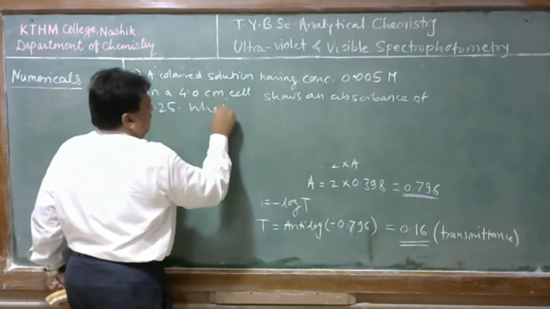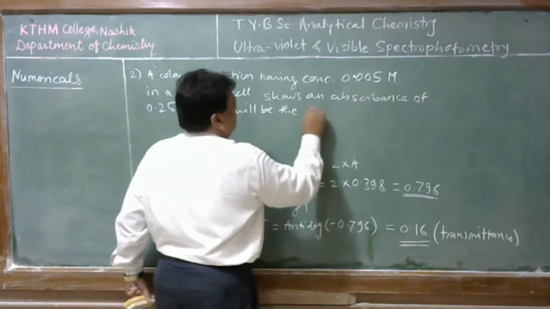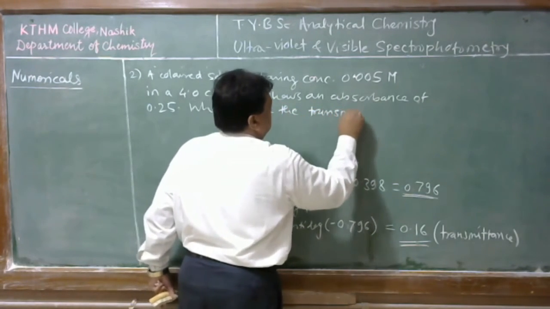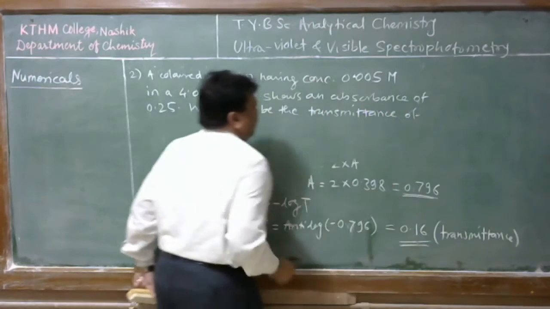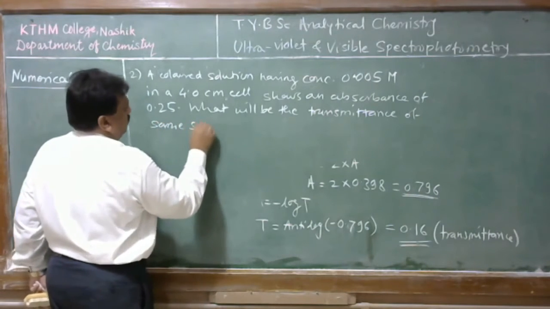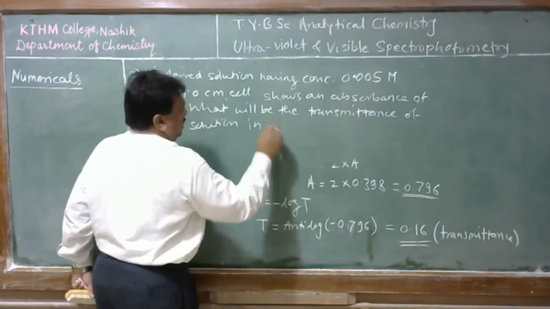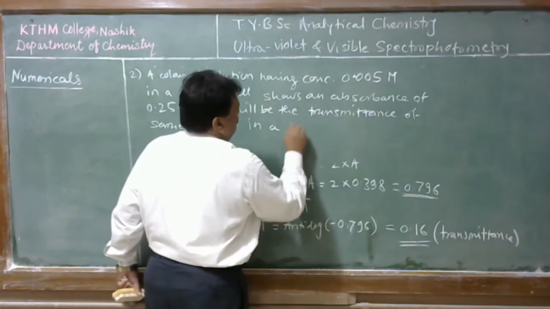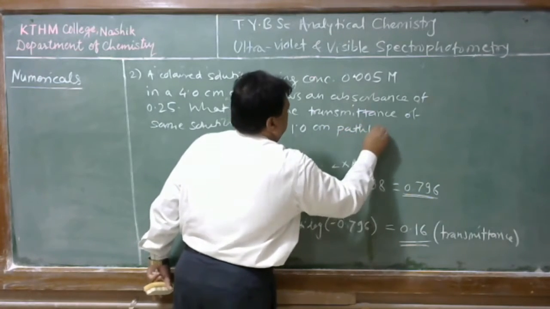What will be the transmittance of the same solution in a 1.0 centimeter path length cell?